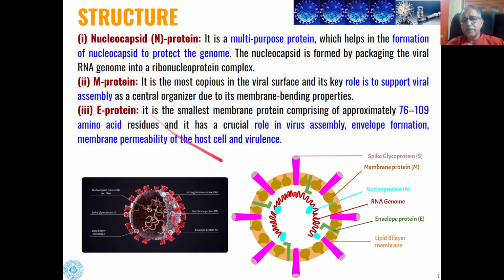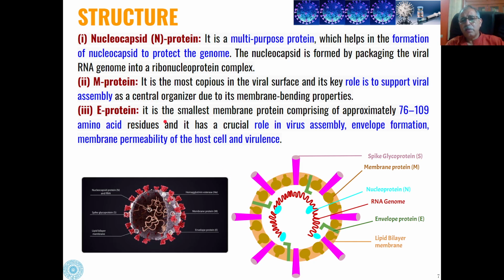Then the M protein is the most copious on the viral surface, and its key role is to support viral assembly as a central organizer due to its membrane binding properties. So this helps in viral assembly.